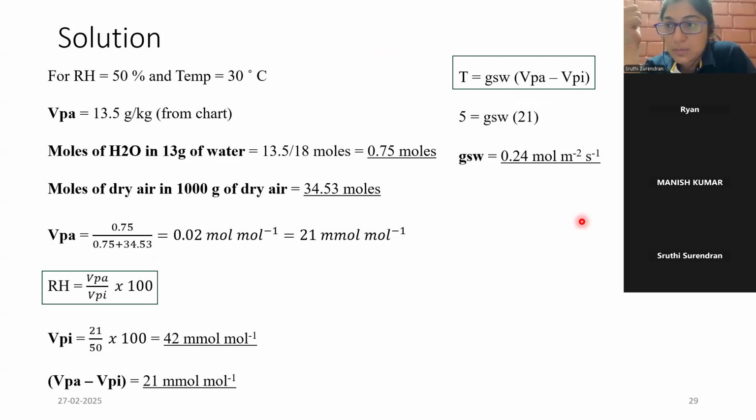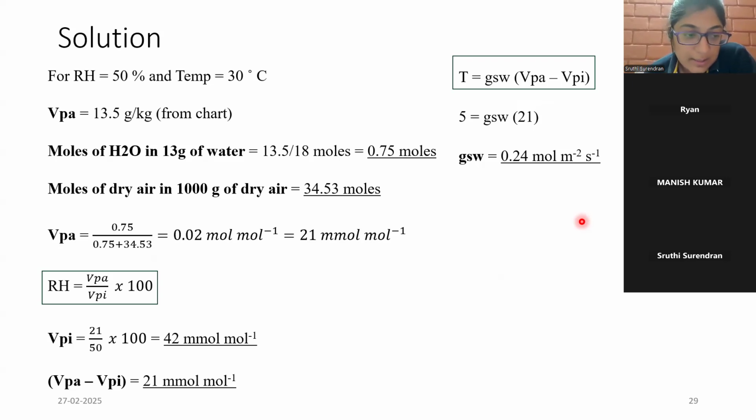So if you substitute the millimoles per meter square per second, in the end you will have to do some conversion in order to standardize the unit on the left hand side and the right hand side. So that is why the stomatal conductance is always going to be in units of moles per meter square per second. So here the conductance to water is 0.24.